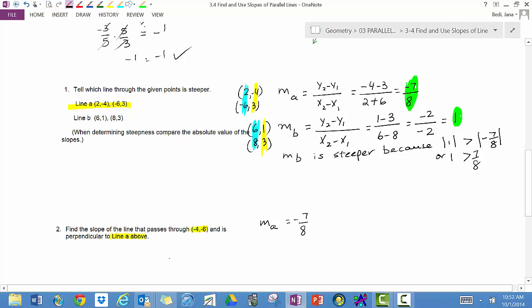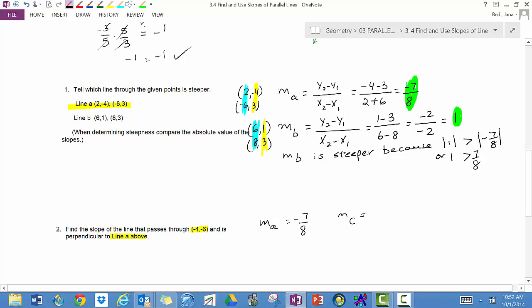So we want the slope of another line that passes through the point -4, -6 and is perpendicular to line A. I am going to call my new line line C.